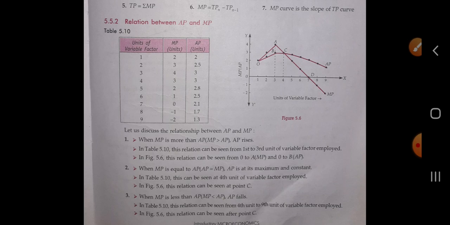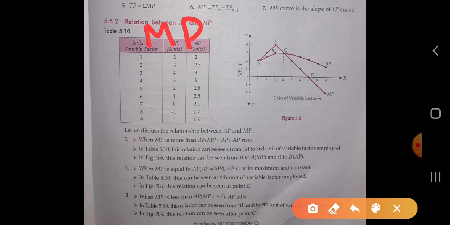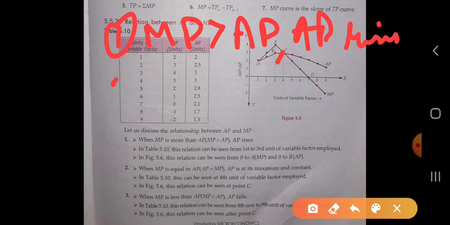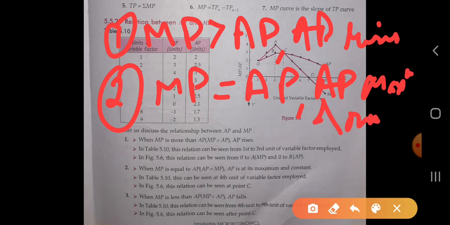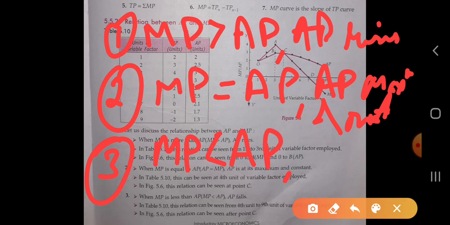When MP is equal to AP, AP is maximum and constant. Third, when MP is less than AP, AP falls. That is the relation between MP and AP: when MP is greater than AP, AP rises; when MP equals AP, AP is maximum and constant; when MP is less than AP, AP falls.